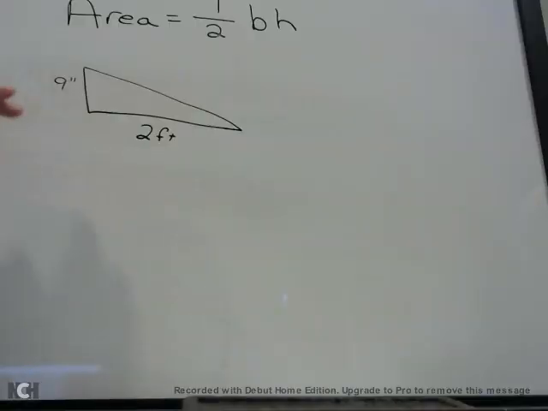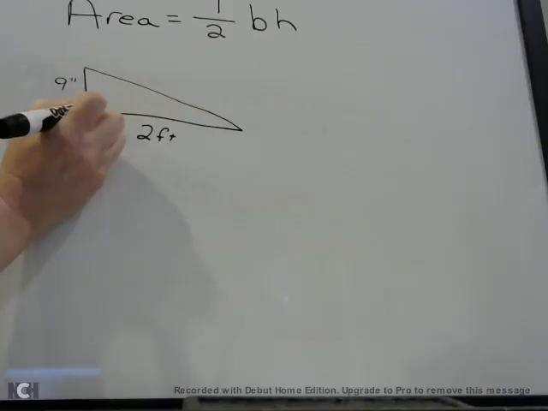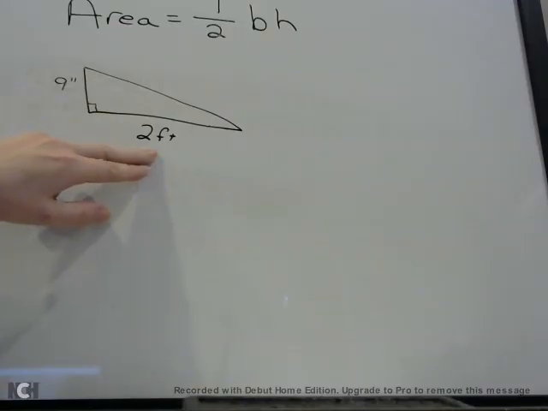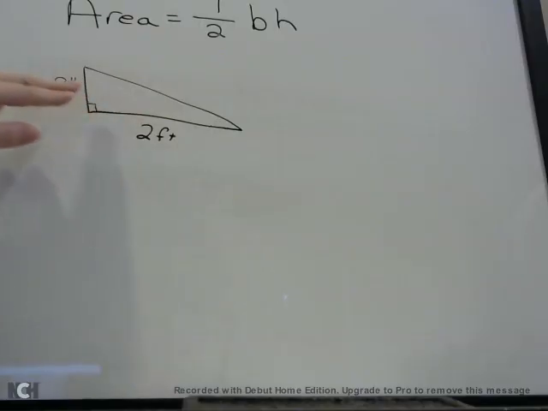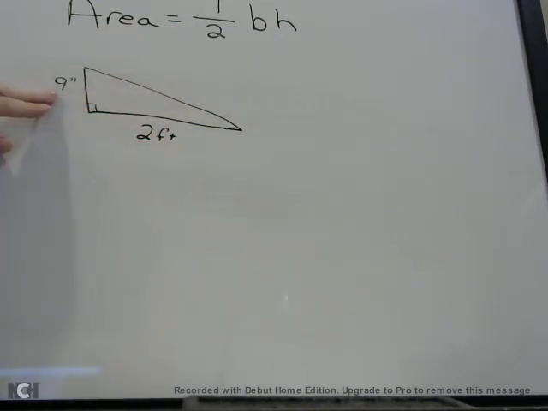So you might just go off and let's say this is a right triangle. Go off and say 1/2 times base times height. But here we have inches and here we have feet. And so before you do any problem, make sure you are looking at the same units, because you can't mix units. You can't do 1/2 times 2 times 9 because they're not the same units. 2 feet is not the same as 2 inches. So feet and inches are different.